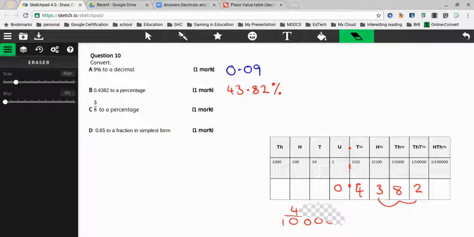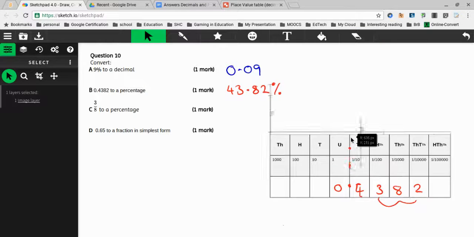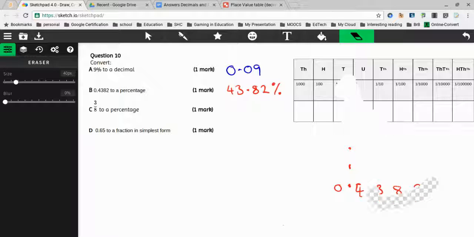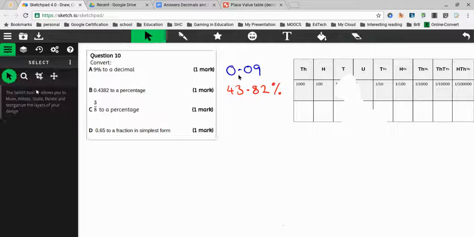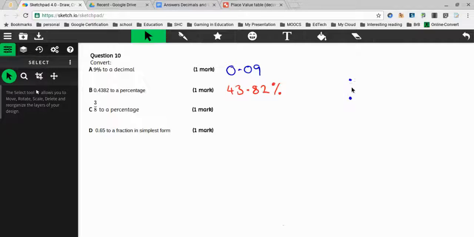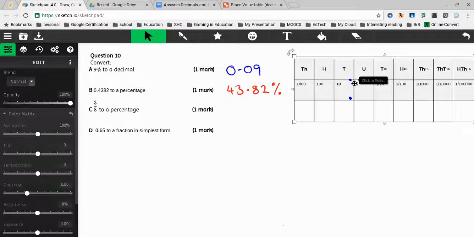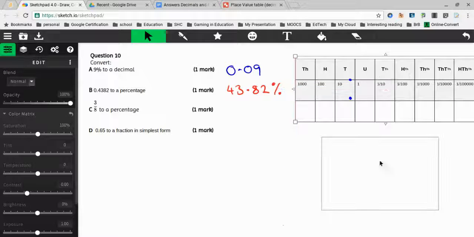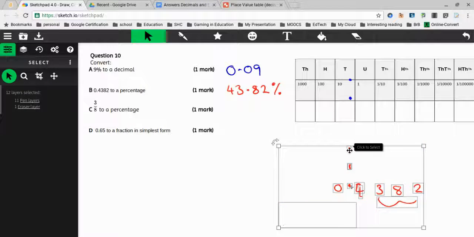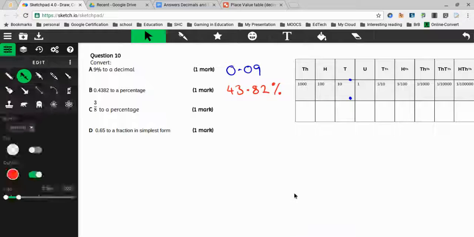In our next question, we have a few more challenges. So I'll just tidy this up a little bit, and get rid of all of these.